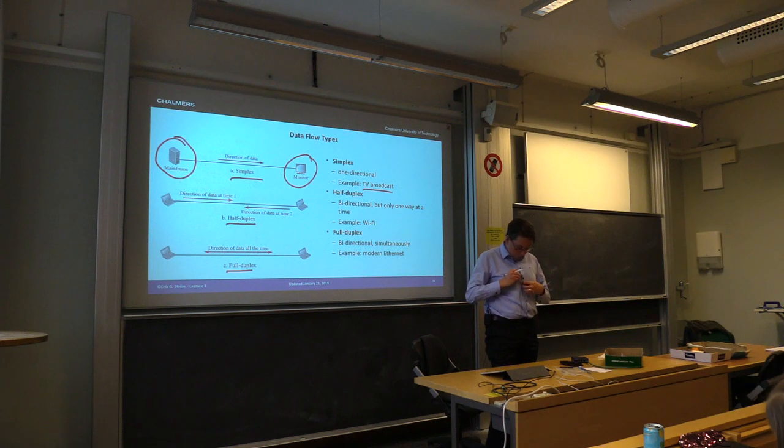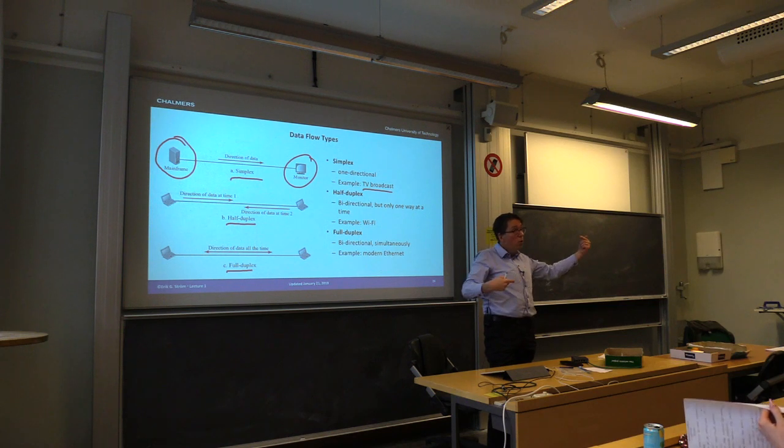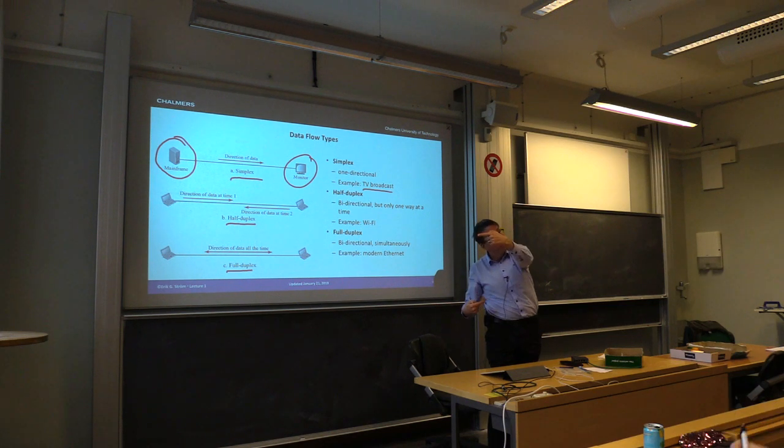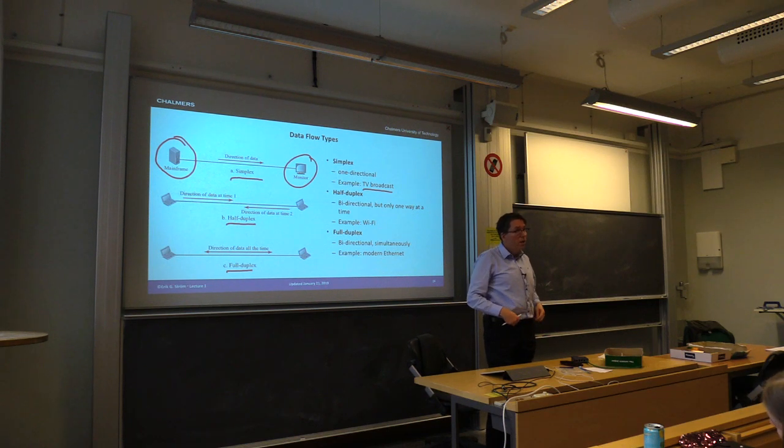Duplex means that data can go in both directions, but then there is the question whether they can meet. They can have full duplex, or the information first has to go in one direction and then in the other direction. And here's typically the medium that decides this, and sometimes it's also the devices at both ends, whether they're capable of this or not.